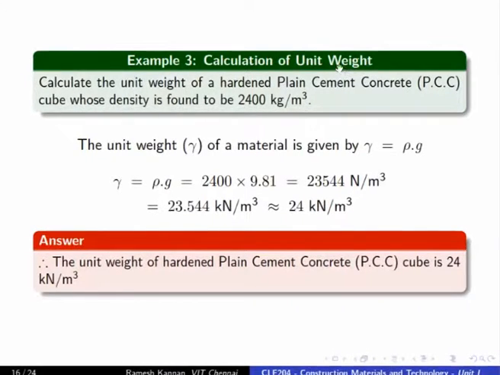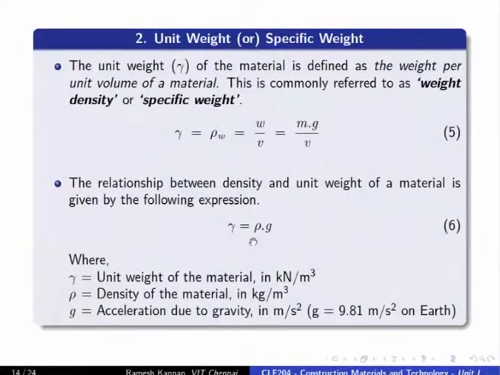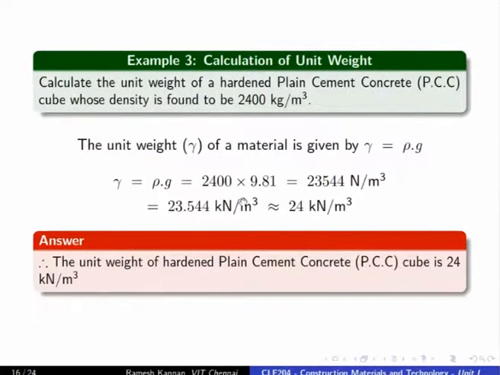We need to find out the unit weight of plain cement concrete, and we use this relation, question number 6. When we know rho and g, we can find out the unit weight. Rho is the density, in this example 2400, and g is 9.81, and we can find the unit weight, thus the value 23544 Newton per meter cube.